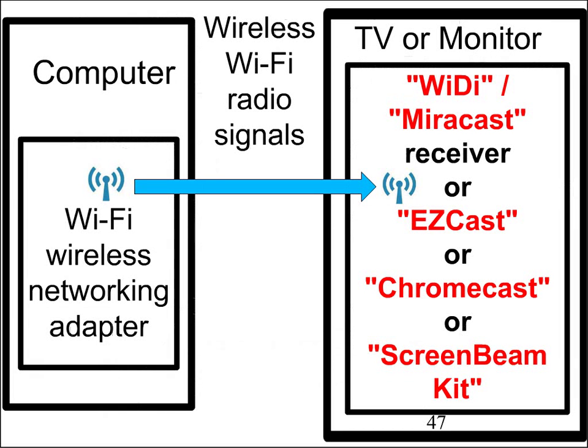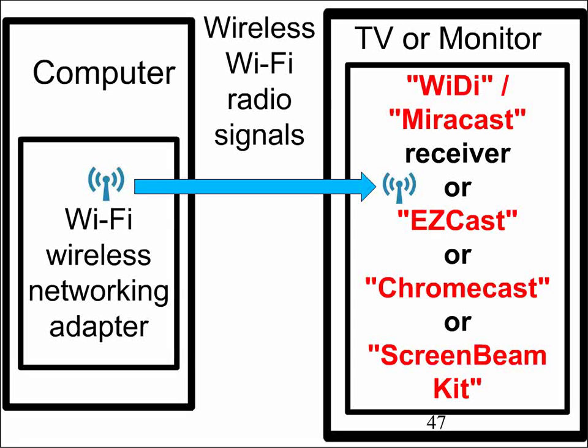Okay. For these wireless technologies, on the computer end, with the exception of WiDi, which Intel has to provide you with their chipset somehow, you're just using on your computer side the regular wireless adapter that your computer already has in it, or that you can add to your computer. On the TV or monitor side, you have to insert or purchase a receiver.